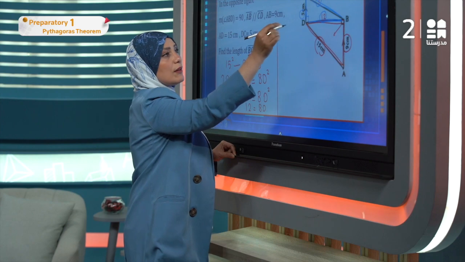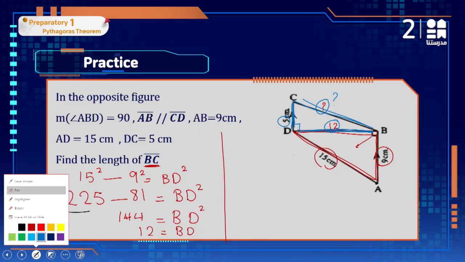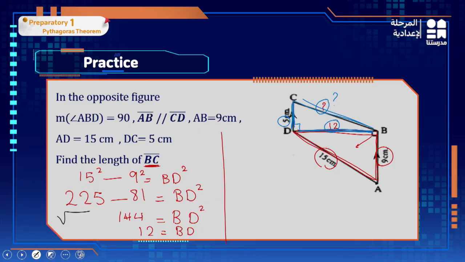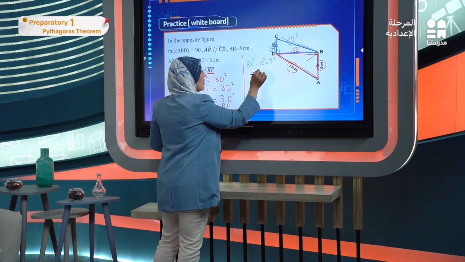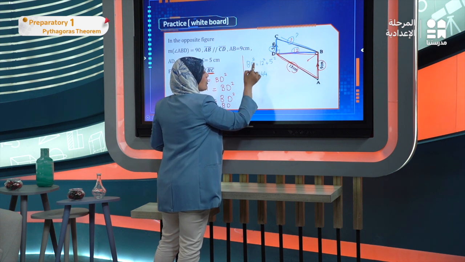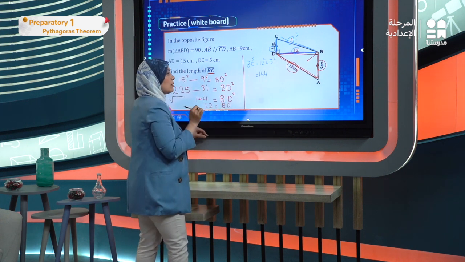Now let's apply the Pythagorean theorem for the blue triangle. The given ones are side and side, leg and leg. The hypotenuse is missing. So here we have BC squared equals 12 squared plus 5 squared. 12 squared equals 144, because 12 times 12 is 144.